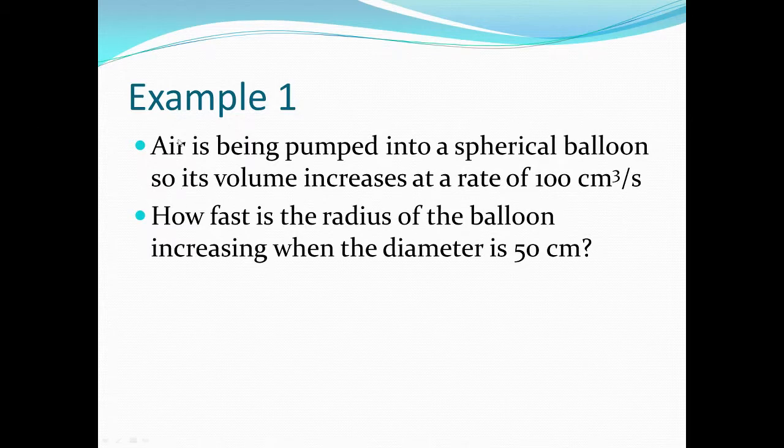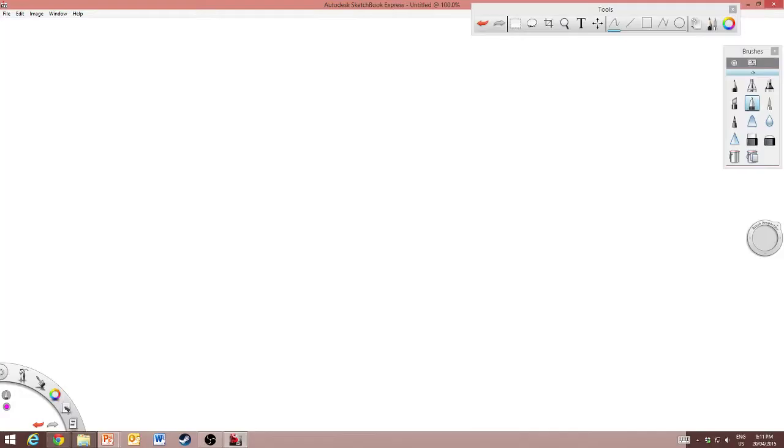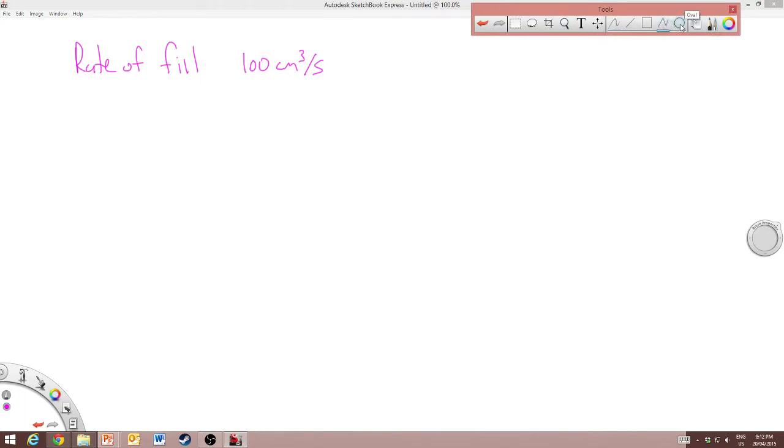Right. Well, let's discuss what information we're given. So we have rate of fill. The balloon is being filled at a rate of 100 cubic centimeters per second, and it's spherical. So let's draw a circle.